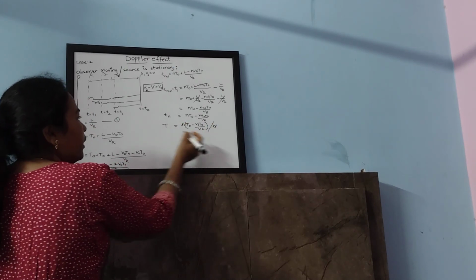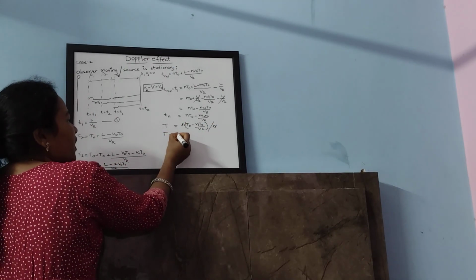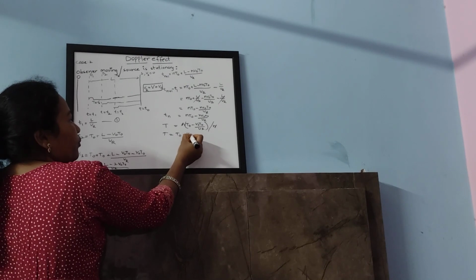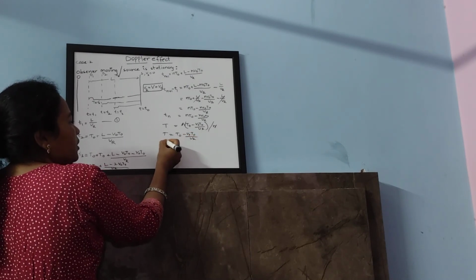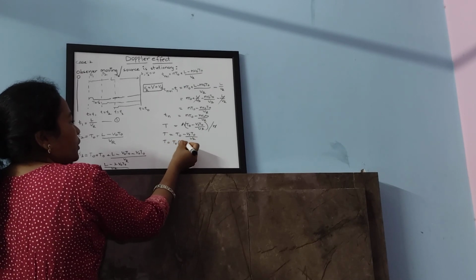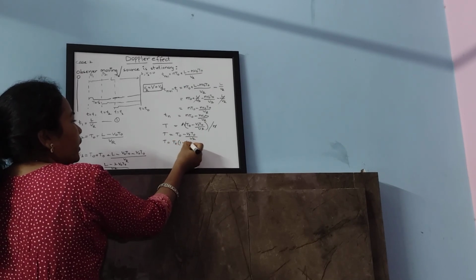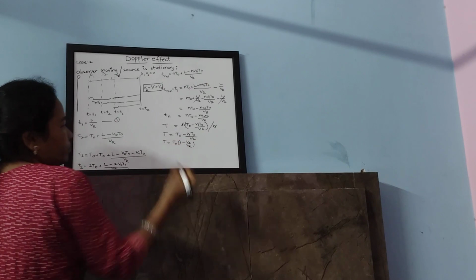Cancel n by n. T is equal to T naught minus V naught T naught by VR.